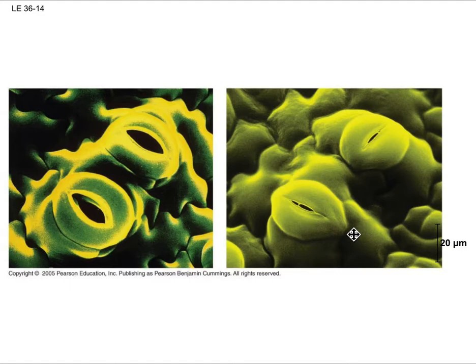So when we talk about open and closed, it's not binary. Plants have pretty fine control over how open and closed they can make their stomata. But an open stomata is going to do more gas exchange and therefore lose more water. Closed stomata are going to lose less water, but then if the plant's doing photosynthesis, there's going to be a buildup of oxygen inside its cavity, and that can be really bad for other reasons.